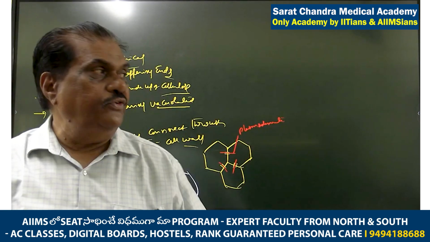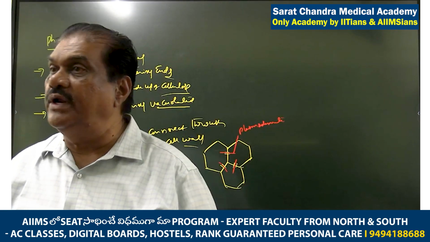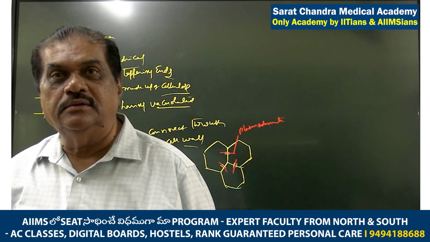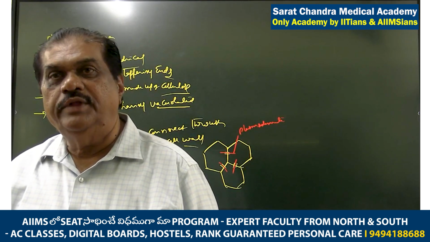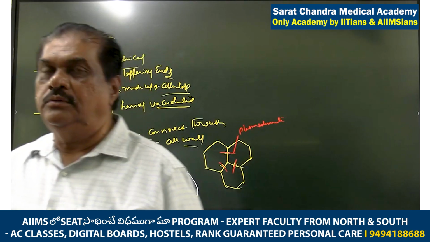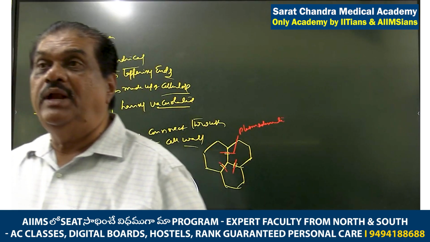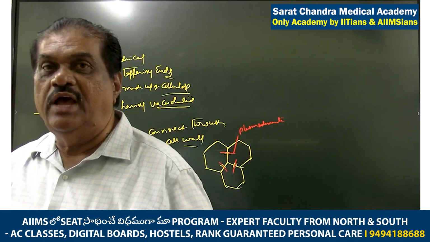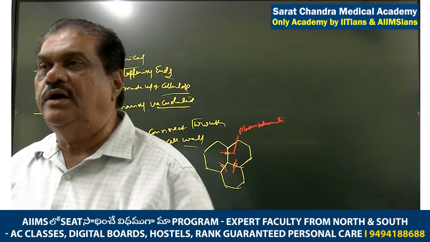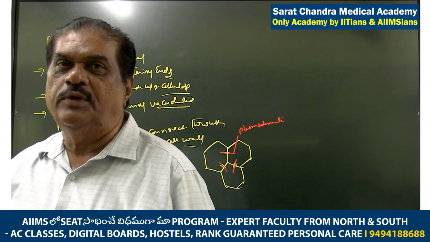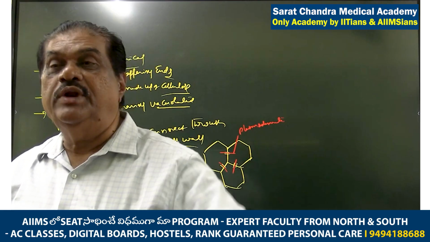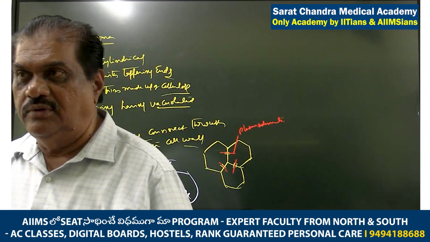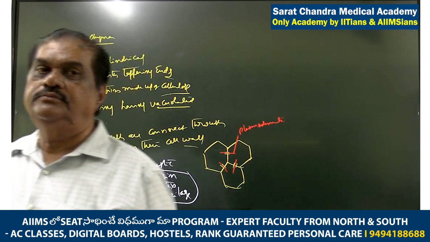Next, companion cells and sieve tube elements are both linked with one another by pit fields. Where are they located? On their longitudinal walls. Are the mature sieve tube elements with nucleus or without nucleus? Without nucleus, having only peripheral cytoplasm with a large vacuole. Though the nucleus is absent, mature sieve tube elements are living cells.